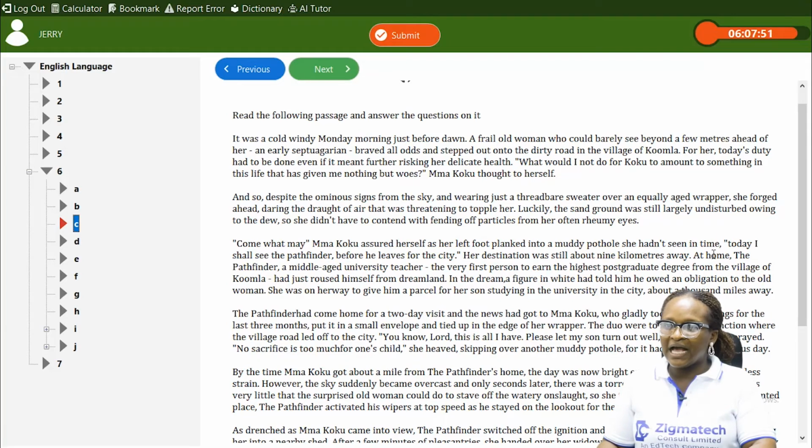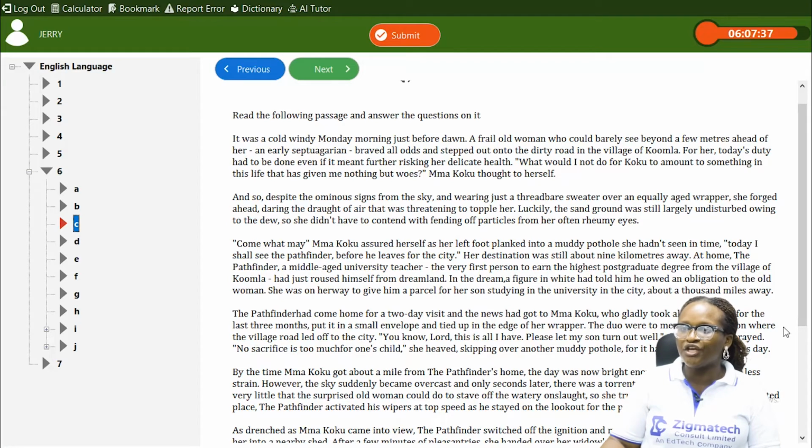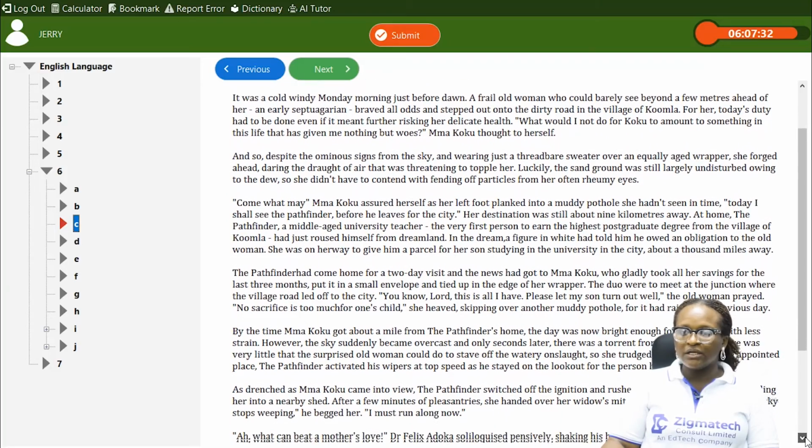The third paragraph, look at it, that's the third line. The pathfinder, a middle-aged university teacher, the very first person to earn, you see it, that was why he was called the pathfinder. He was the very first person to earn the highest postgraduate degree from the village of what? Comia. That was why he was called the pathfinder.